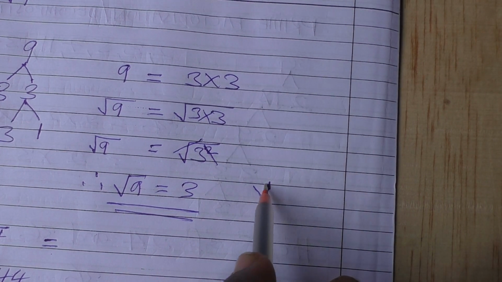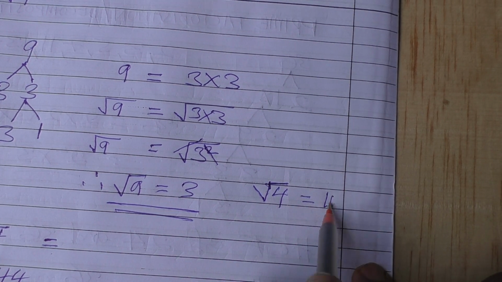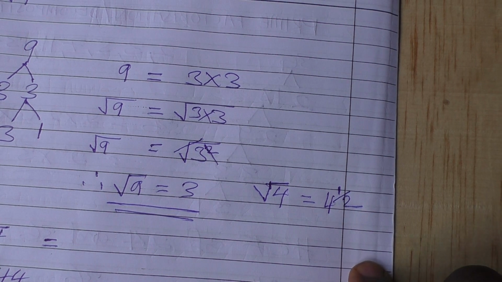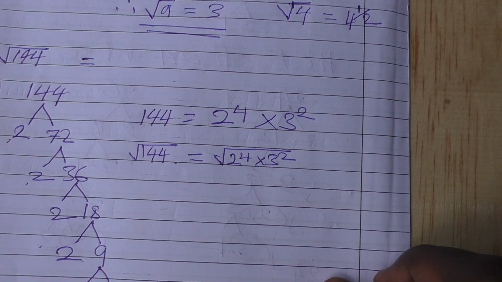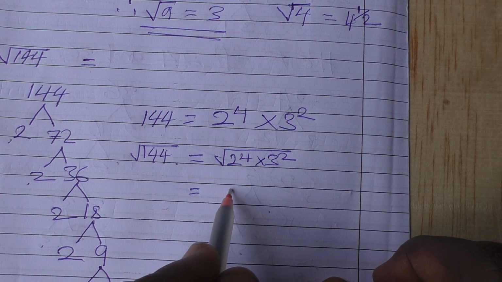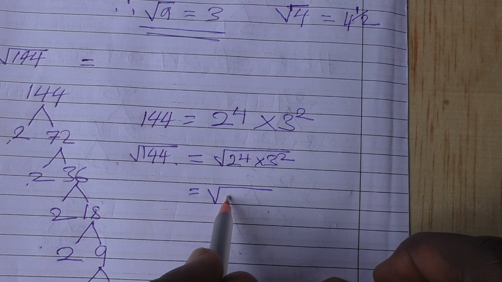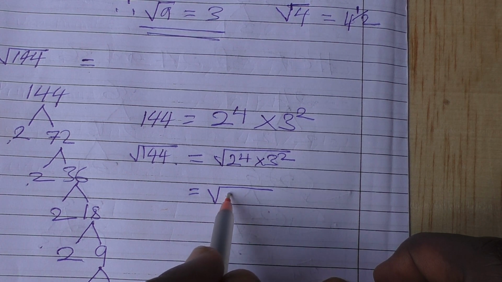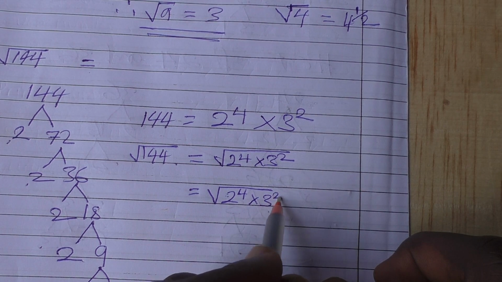The square root of 4 is the same as 4 to the power a half. So let us borrow that idea. That means this is the square root of 2 to the power 4 times 3 to the power 2, in brackets.